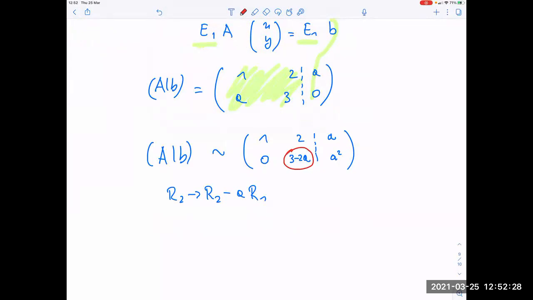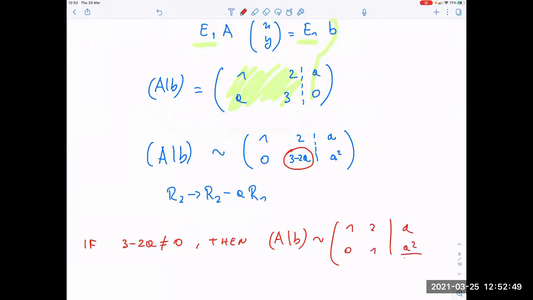So if 3 minus 2A is different from 0, then my matrix here is row equivalent to 1, 2, A, 0, 1, A squared divided by 3 minus 2A.